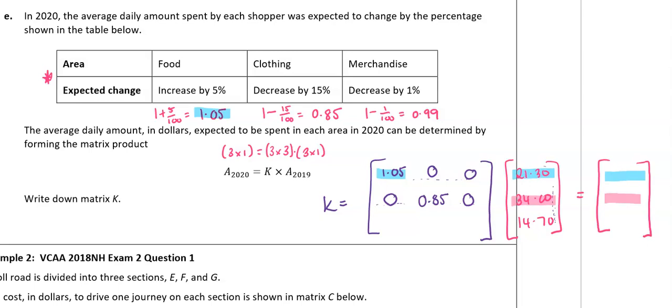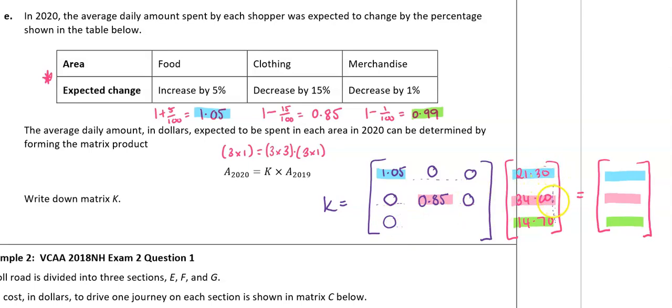Finally, I want to see my change in merchandise go into that row 3, column 3. And again, I only want to decrease the merchandise value from 2019. So again, as I'm working across row 3, I don't want to pick up anything from food.